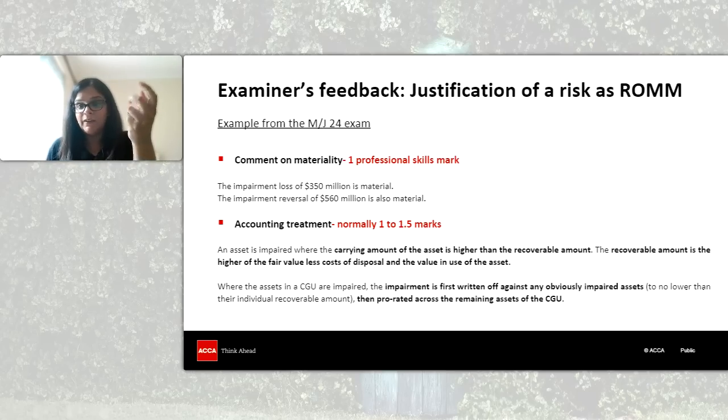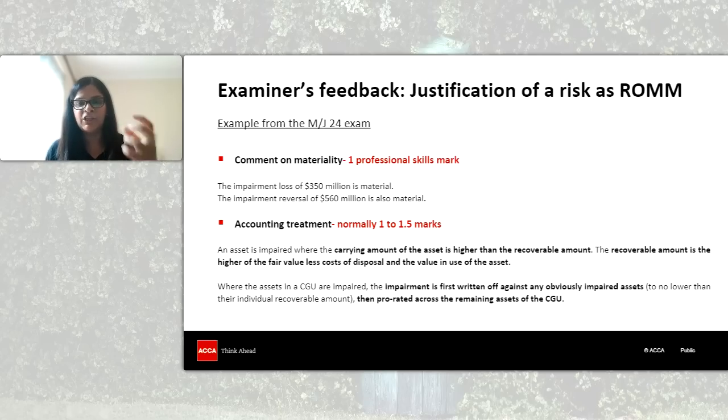So if they'd asked you to use profit as the threshold, you would have done 5%, 10%, and then decided on one amount that you're using. So over here, if you do a calculation, you'll get a zero. But if you simply write, this is material based on our threshold decided, you get a professional skill mark.